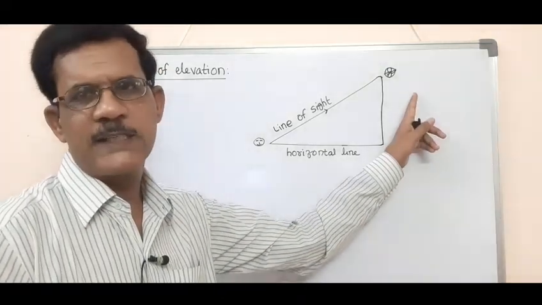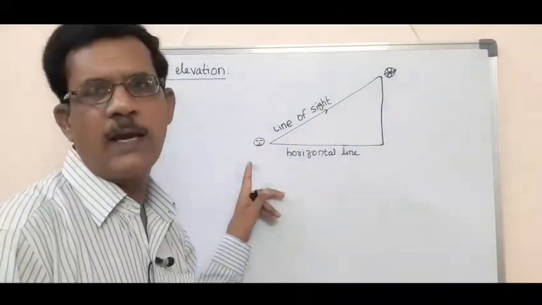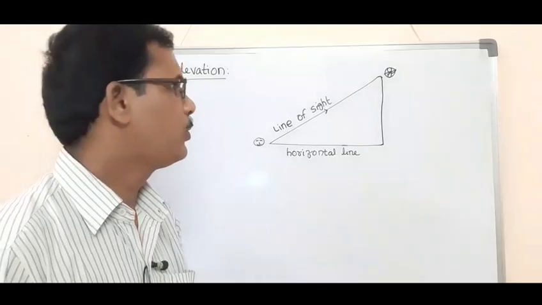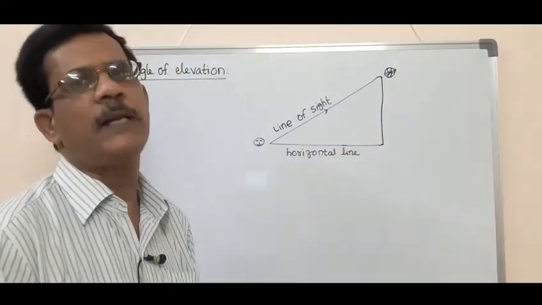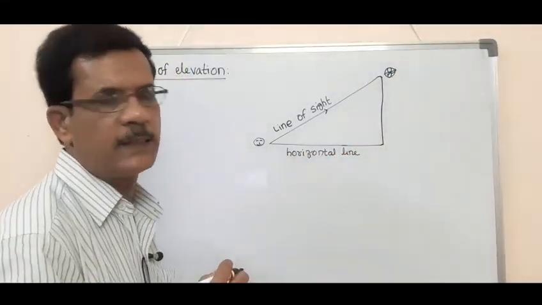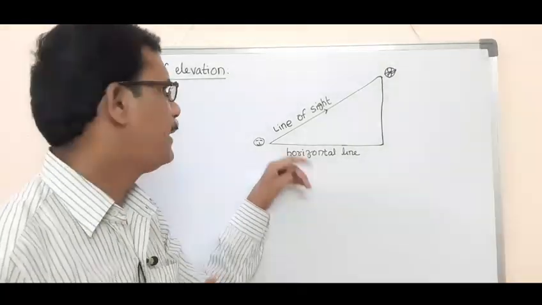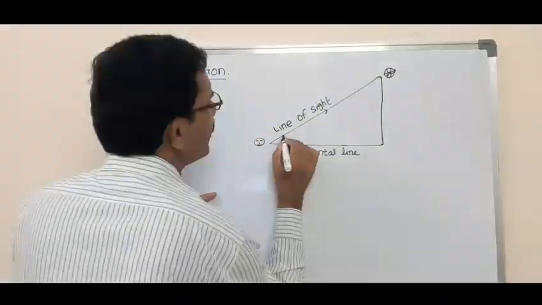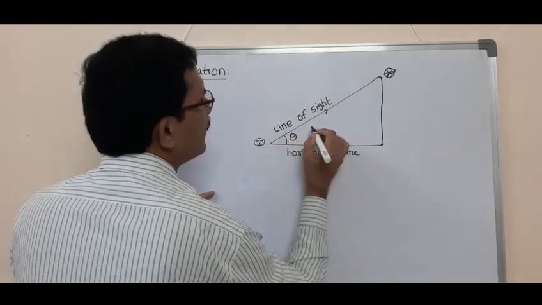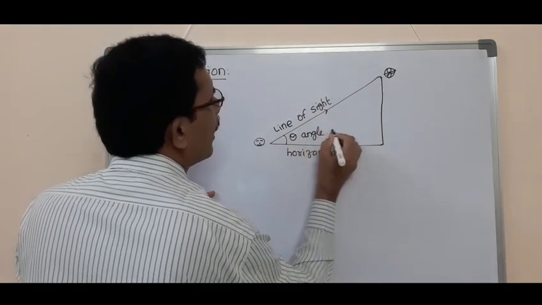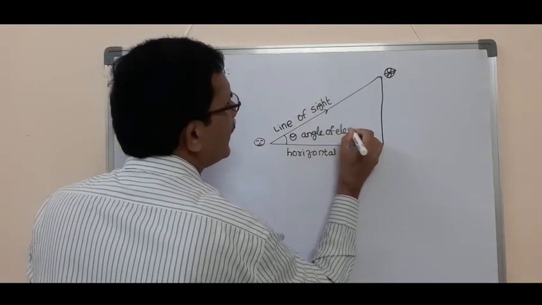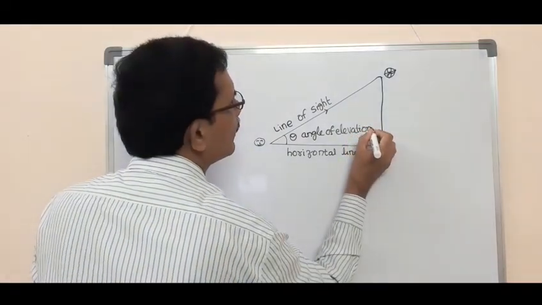Here object's height is greater than the observer's height. So to see that object we have to raise our head. So in that case, between horizontal line and line of sight, an angle is formed. This angle is known as angle of elevation.